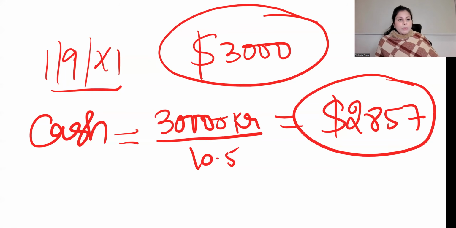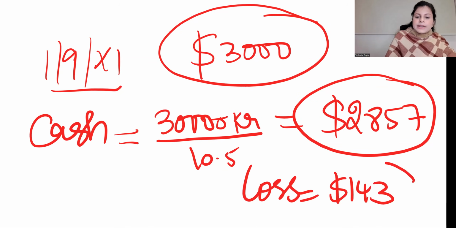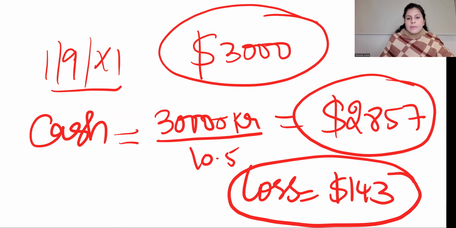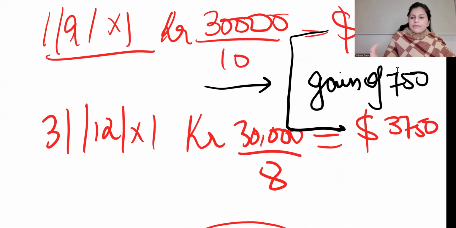You were expecting $3,000, but the customer paid cash of 2,857. What's that for you? Loss of 143. So on the cash receipt, I have a loss of 143. And on the receivable, I have a gain of 750.